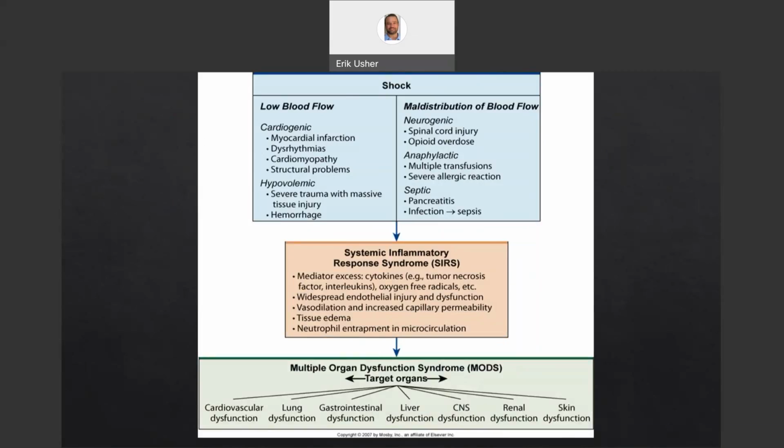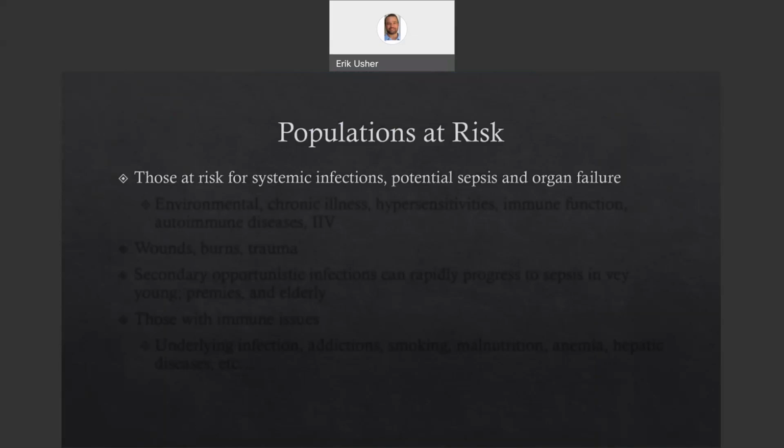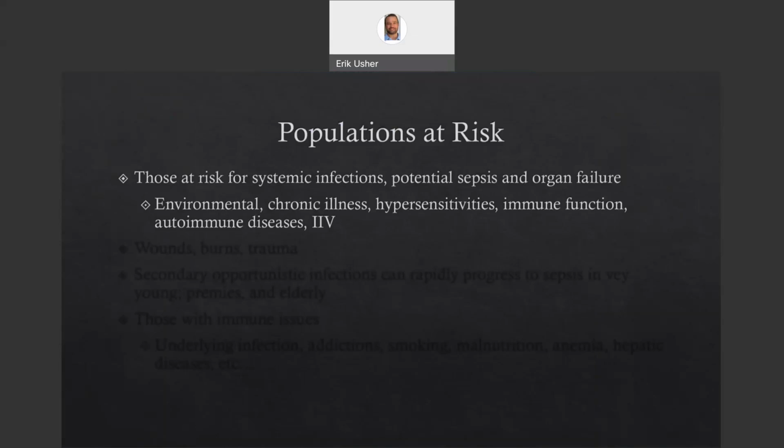We went over all of these last week, but they can signal and start that systemic inflammatory response syndrome, and then all these cytokines and interleukins and radicals are out there, endothelial tissue injury, and vasodilation, increased permeability, edema, neutrophils, and that leads us to MODS, where we start to target different organs from cardiovascular all the way to skin and everything in between.